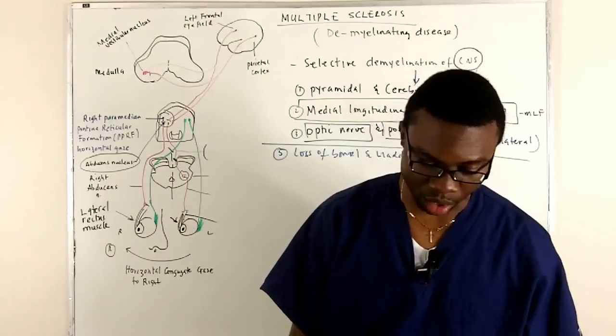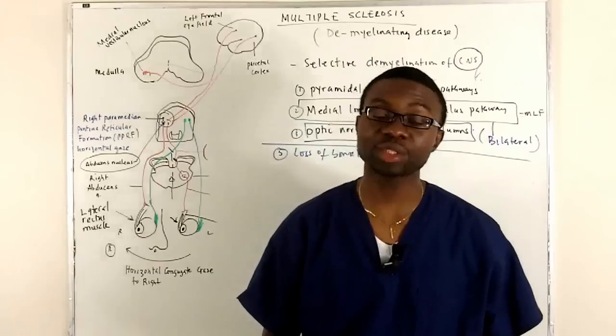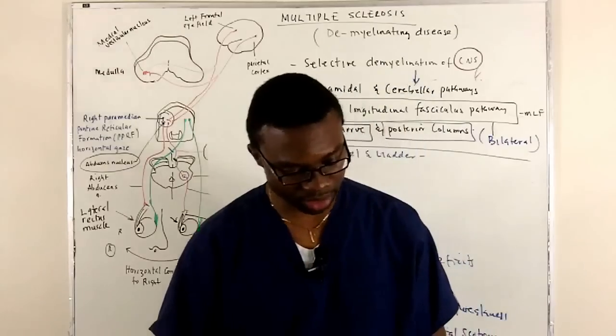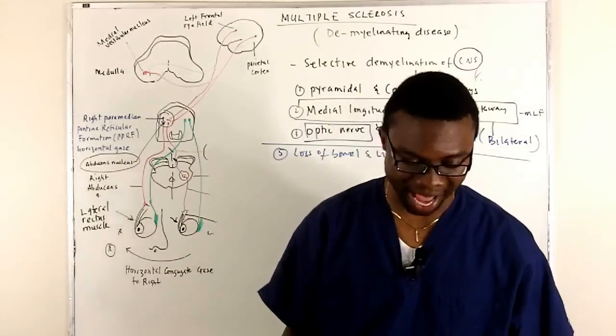These patients can also have autonomic disturbances, which can lead to impotence, constipation, and last but not the least, they can develop neuropathic pain.